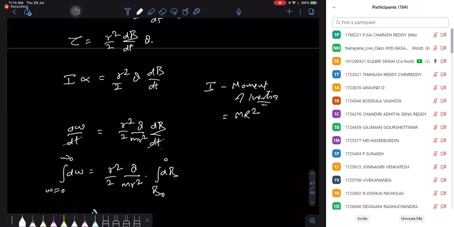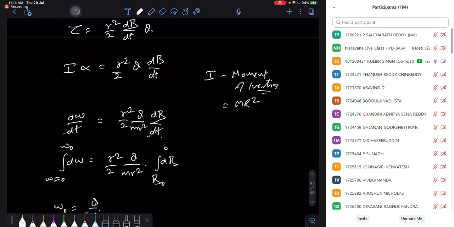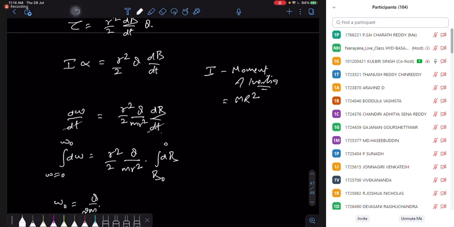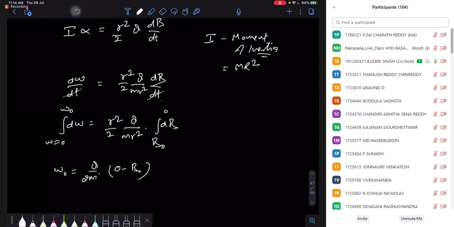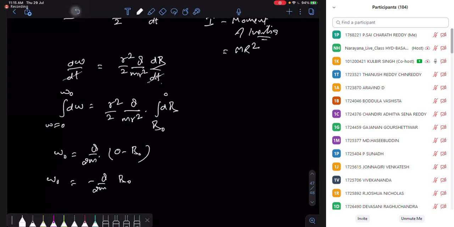It's going to have a change in the magnetic field, and this change is 0 minus B naught. So it's giving me a minus q by 2m into B naught. So remember this ratio, q by 2m, the gyromagnetic ratio.